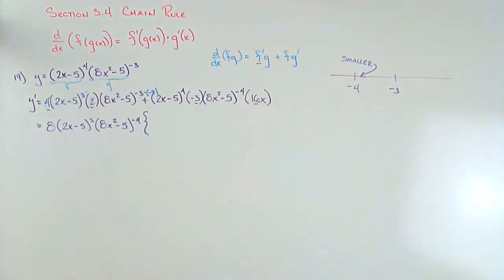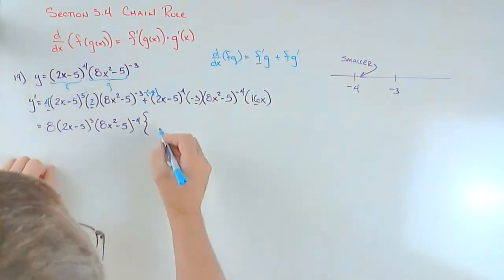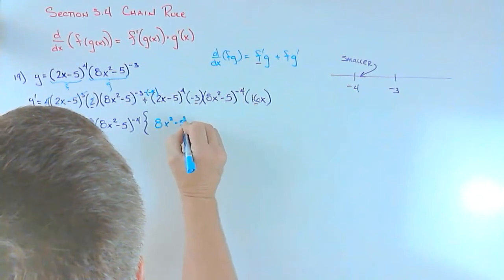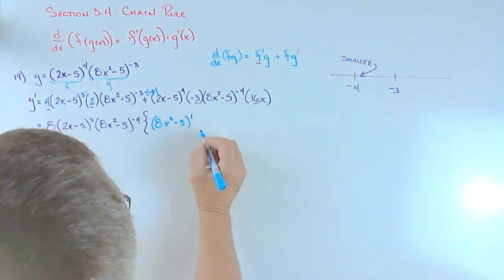That's how we do exponents back in algebra. When you factor something out, you subtract it from the previous exponent. In this case, we're subtracting -4 because that's what we took out. -3 minus -4 is 1. So that leaves us 8x squared minus 5 to the first, right there.